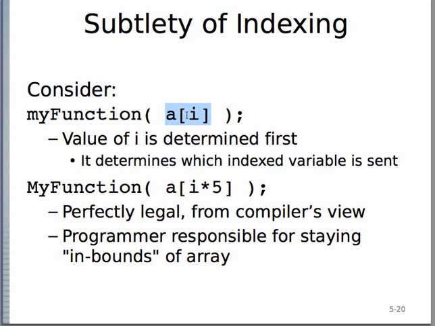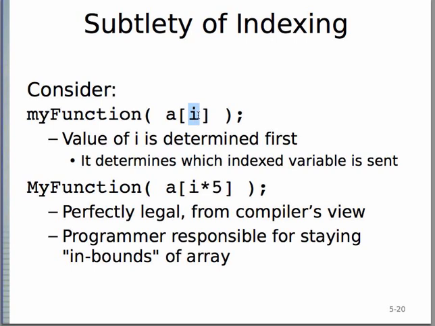So the compiler will just check the type. Is the individual element of a compatible with what this function requires as an argument, as a parameter? And if it is, then at runtime it'll compute the value of i first.